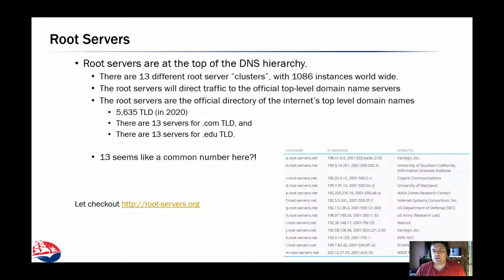But what's interesting is we are talking about a cluster. So although there are only 13 unique IP addresses, there are 1,086 instances of computers in the world that use one of these 13 IP addresses. So what happens is we have these root servers spread around, typically at the Internet Exchange Points, the IXPs.